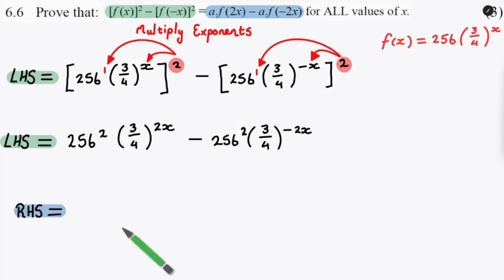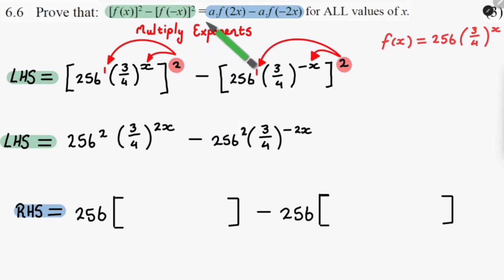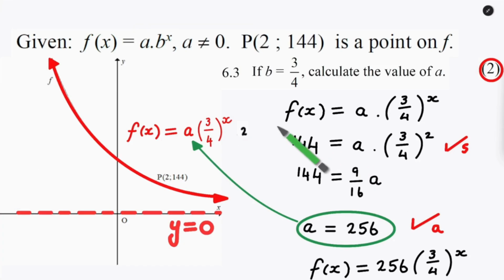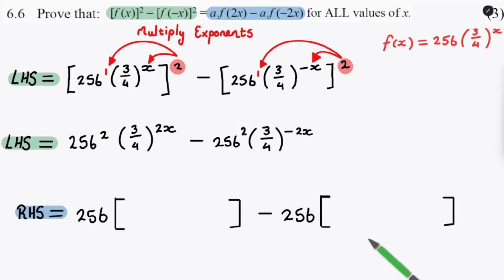And then when I start with the right hand side, I want to keep the structure exactly the same. Now you see this a over here, we got a earlier to be 256. If you remember back to question 6.3, you can see here a is 256. And that's why I changed these a's to these 256's.